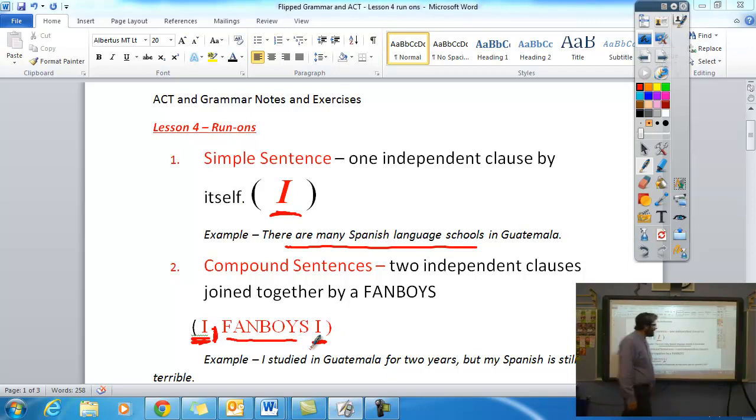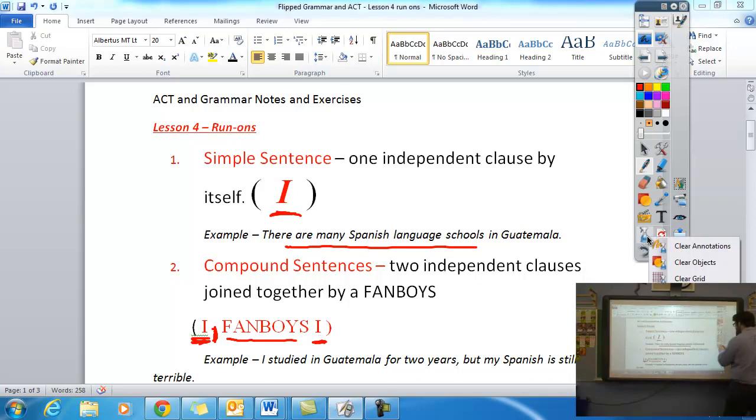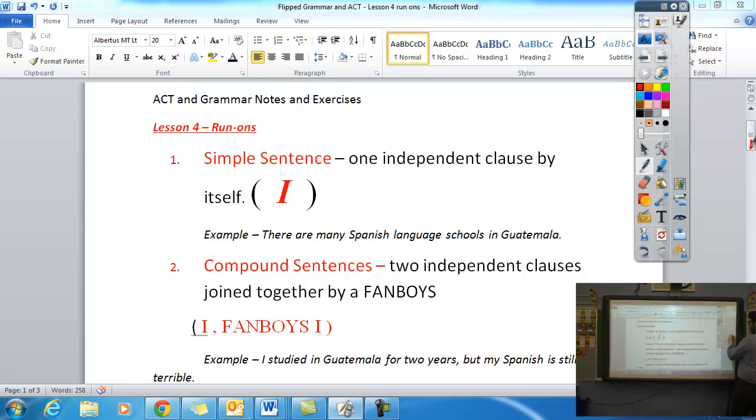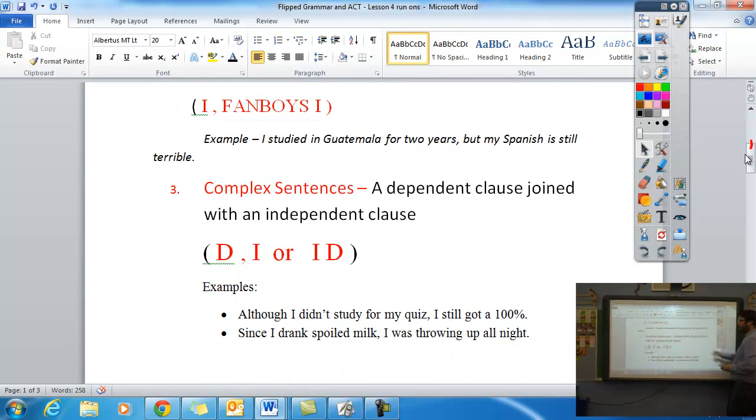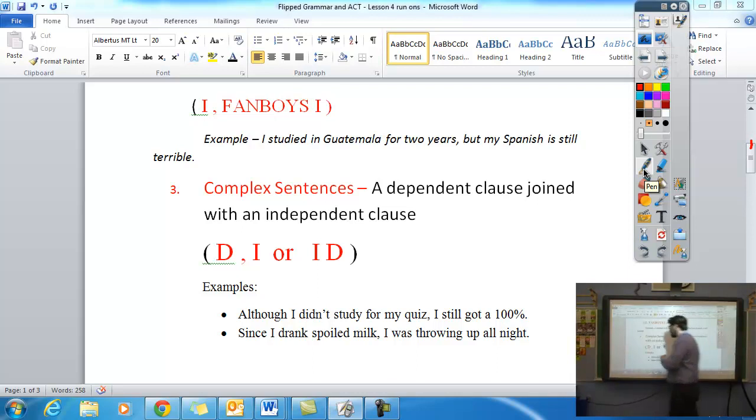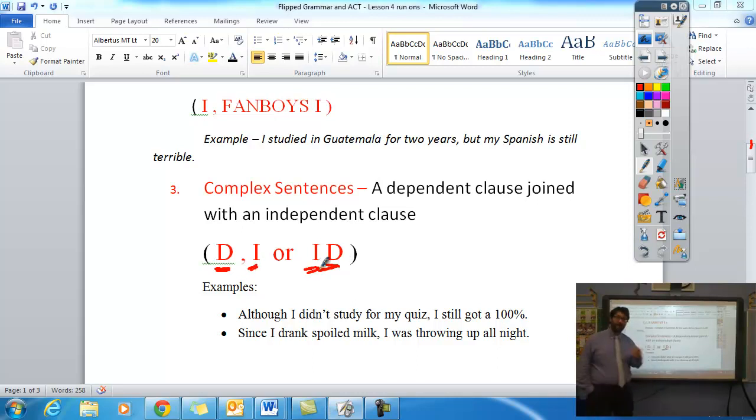And then in lesson 3, we talked about complex sentences. A complex sentence is when you've got a dependent clause and you make it into a complete sentence by adding an independent clause, because dependent clauses can't stand on their own. But they can be a good sentence if you add an independent clause to go with them.